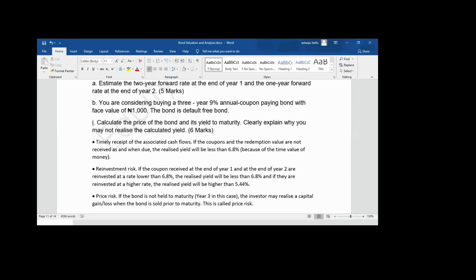And if they are reinvested at higher rates, the realized yield will be higher than 6.8.